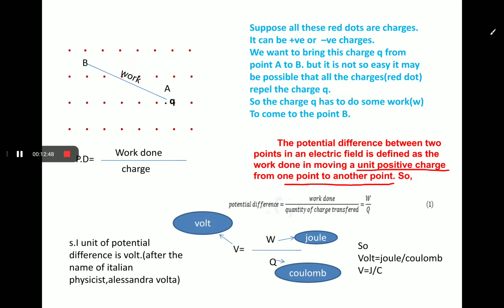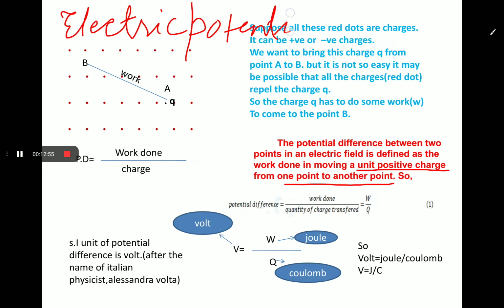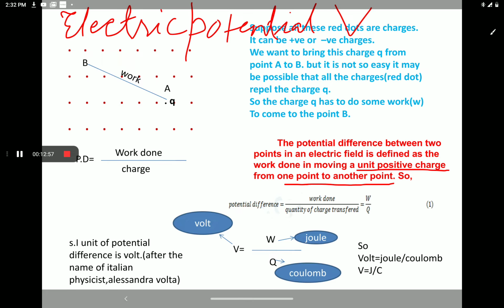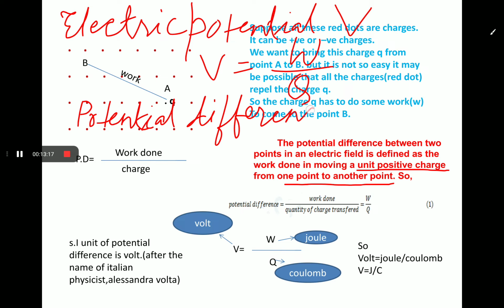Now, the electric potential is denoted by the capital letter V, and the formula is the amount of work done or energy spent in bringing the charge from infinity to a particular point A or B. Now, the formula of potential difference and the formula of electric potential are almost the same.